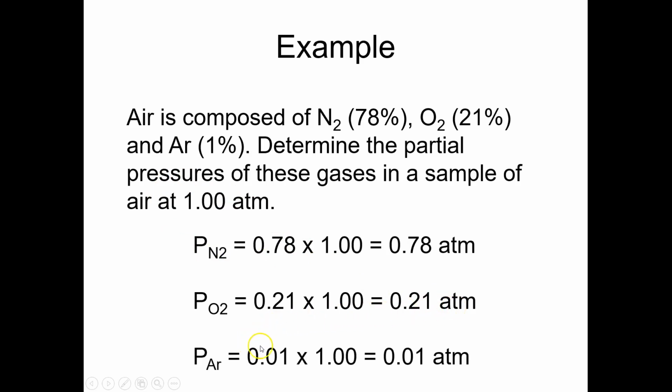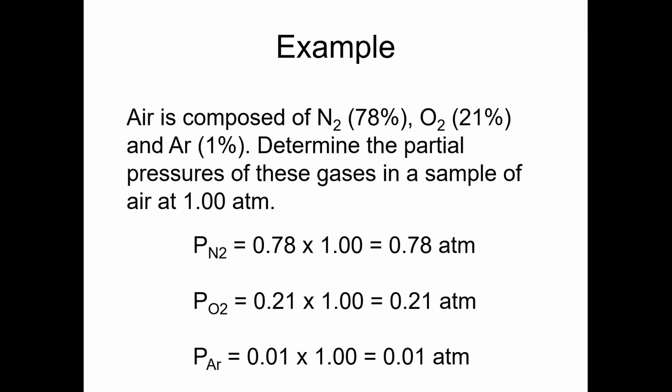And for argon, it would be 0.01 because it's 1% times 1 atmosphere, which is 0.01 atmospheres. And if we add these numbers up, 0.78 plus 0.21 plus 0.01 is equal to 1 atmosphere. So that seems actually fairly intuitive and straightforward.